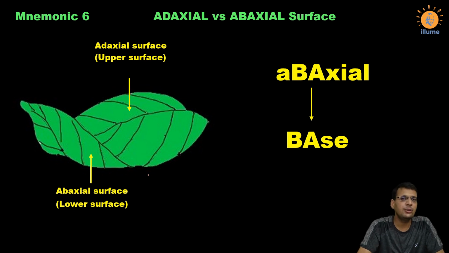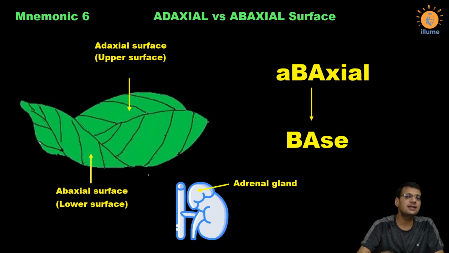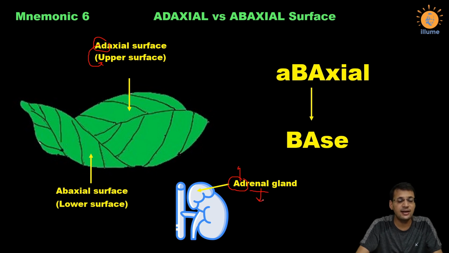I've got another trick to remember this, as we already know about a gland called the adrenal gland. Do you know why this is called the adrenal gland? That's because AD would represent upper. That means AD is upper, and renal, as we all know, represents kidney, renal artery, renal vein.